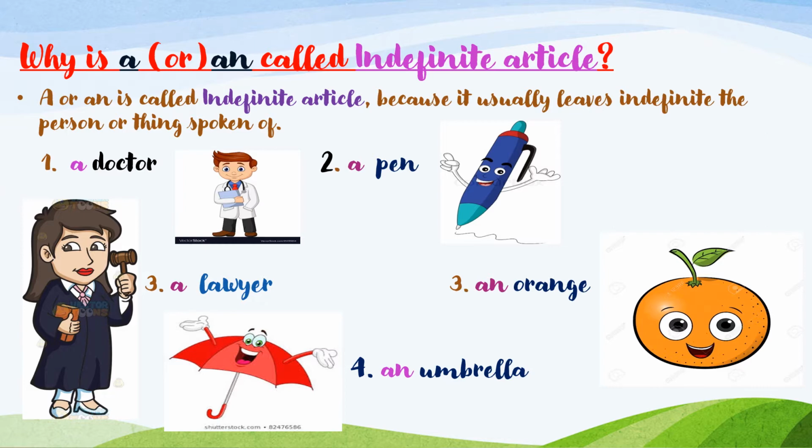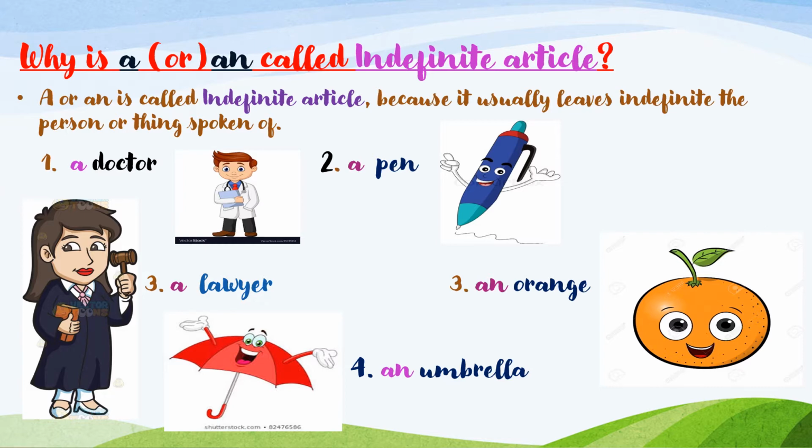Look at the first example. A doctor. Here I am not talking about any particular doctor. I am just mentioning a doctor, that means any doctor. Now look at the next example. A pen. Not a specific pen, any pen. It may be a red ink pen or a blue ink pen, from any brand.